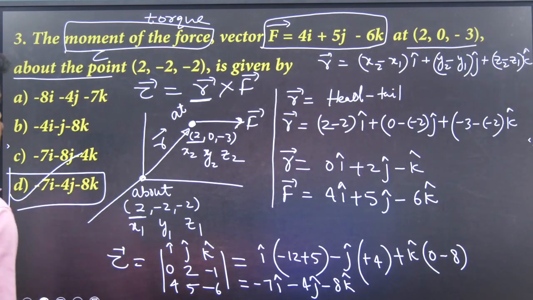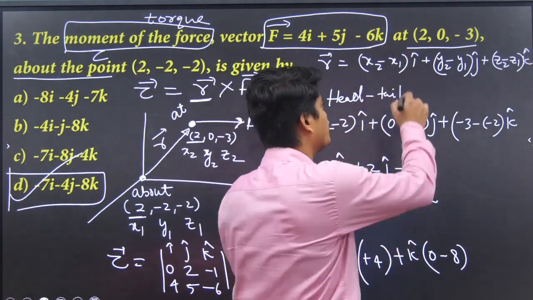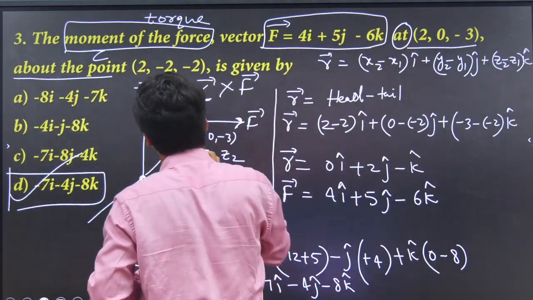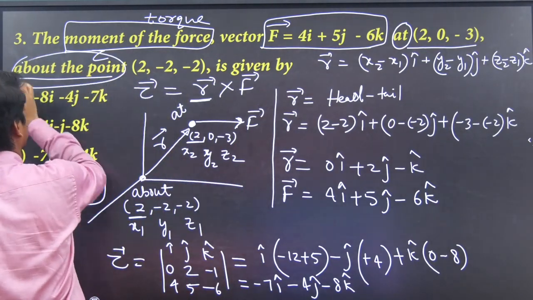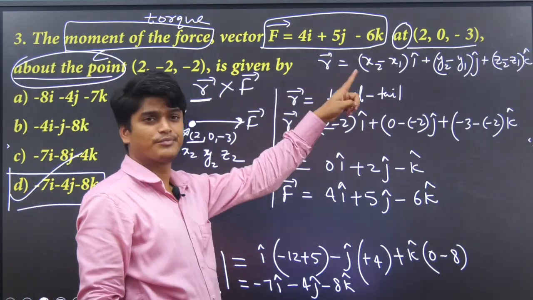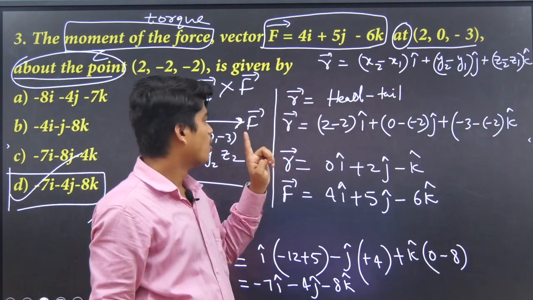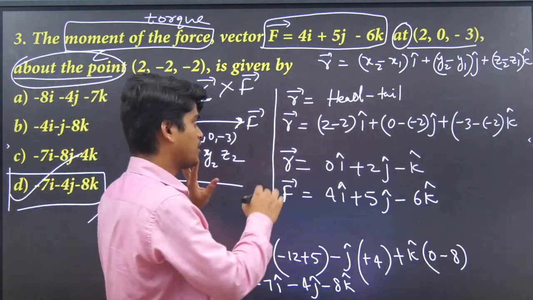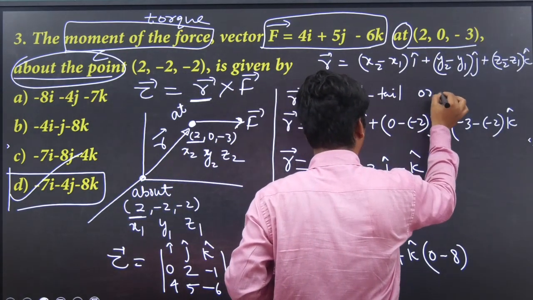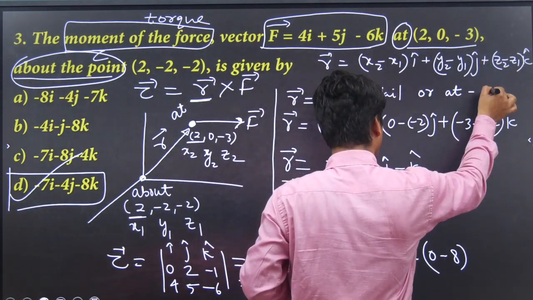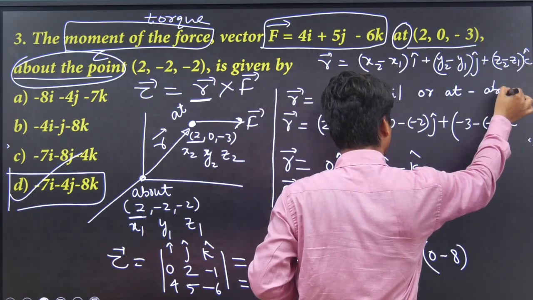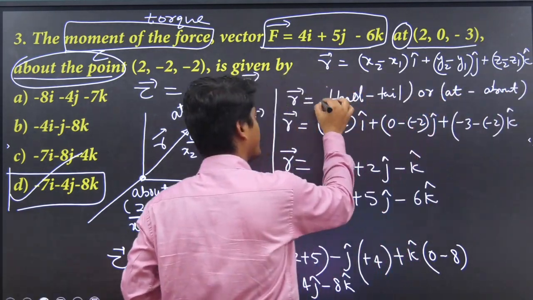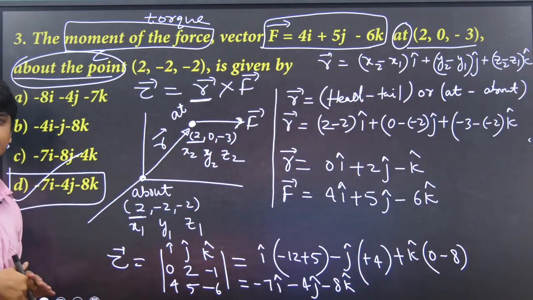Simple thing. If 2 points are given, one is at point, one is about point. So always R vector when you find from these points, always you do at minus about. Here also another formula I am writing, at minus about point, or head minus tail, that type of things also you can do.